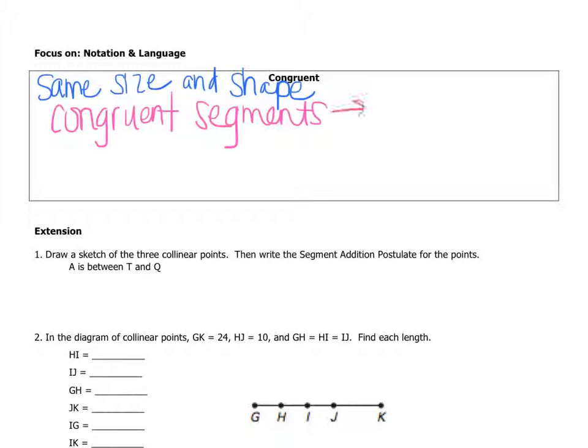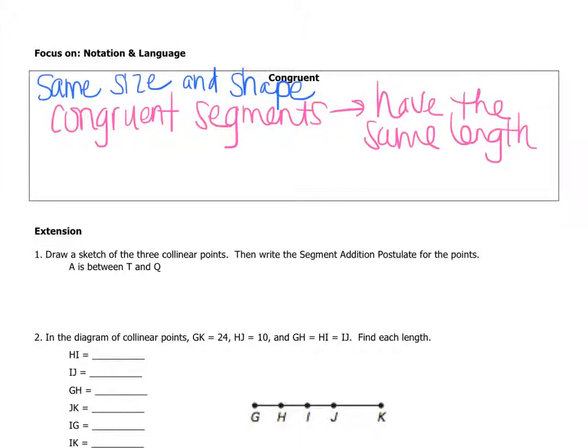They don't really have a shape. So if they're congruent, they just have the same length. Our symbol for congruent is an equal sign with a little tilde on top. Okay, that is our symbol for congruent. So if you see that, understand what that means.